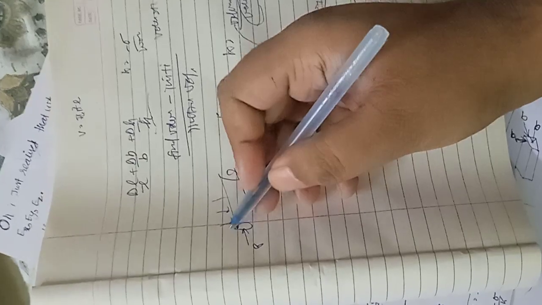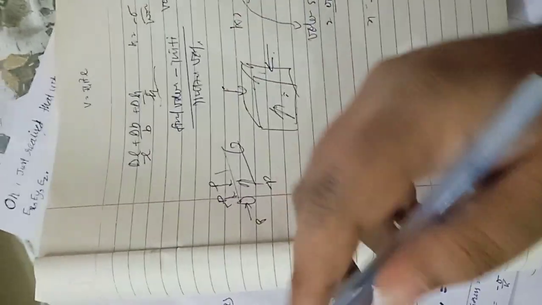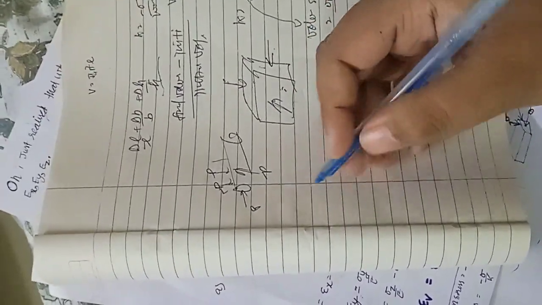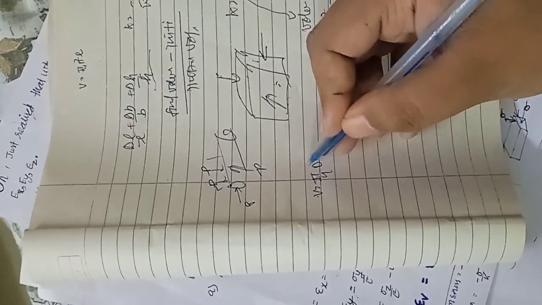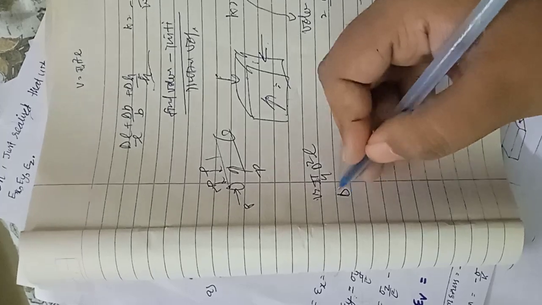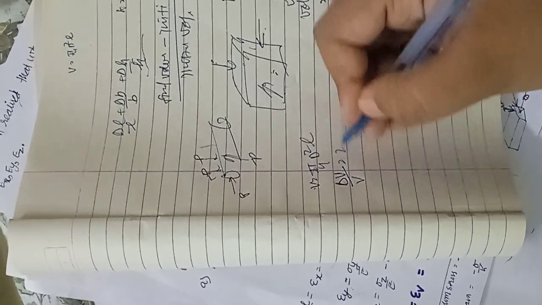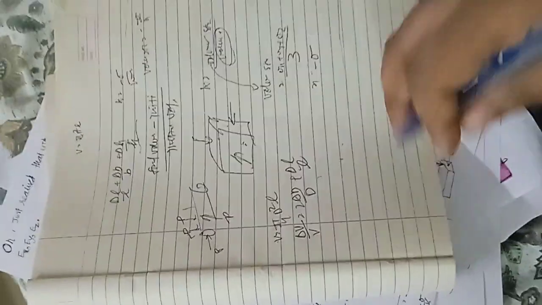Its value is of course minus P everywhere. Now how to find the volumetric strain for this? No worries, just like we did for the pressure vessel, it is no problem. We know V is equal to pi by 4 d square L. So as we studied in class 1, delta V by V is equal to 2 delta d by d plus delta L by L.